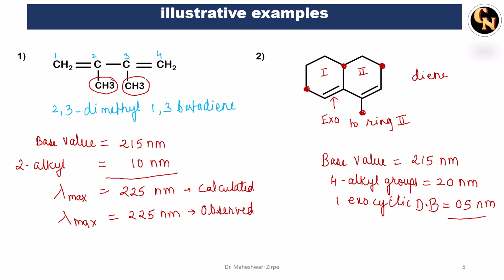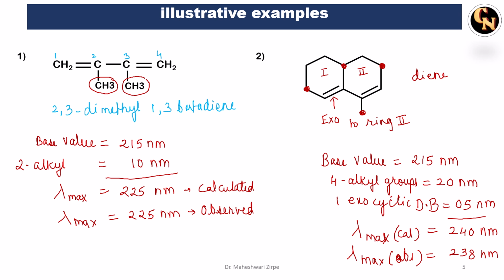So it comes out to be 240 nanometers. So this is your lambda max calculated. And using the instrument, the observed value, I'll write it down here, is 238. So hardly a slight difference is there. So without an instrument, we can calculate the lambda max value in this fashion.